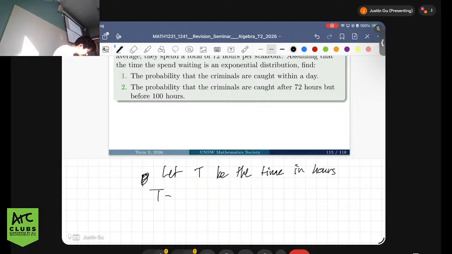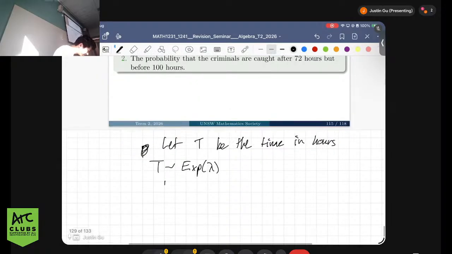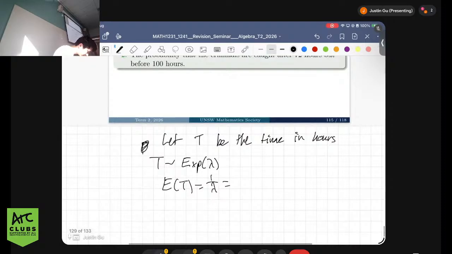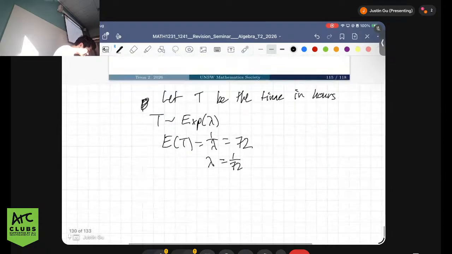So t is an exponential distribution, which is given by the question, and the expected value of t is 1 on lambda, which is 72 hours, right? So that means lambda is 1 on 72.